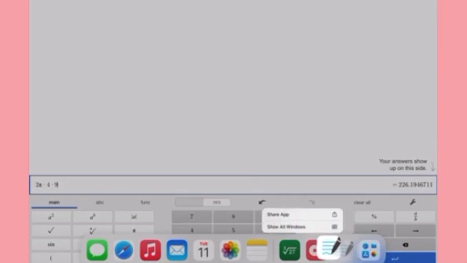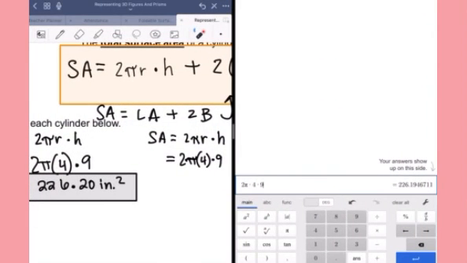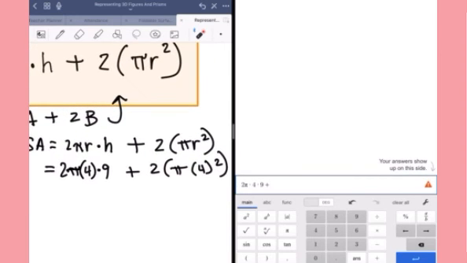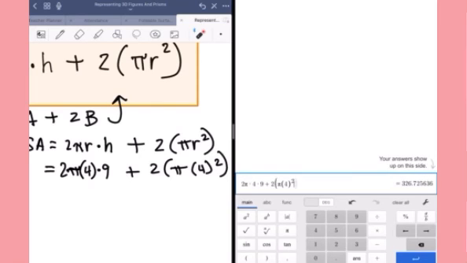And actually, since we already have the lateral, all I have to do is add. So notice how I already had that typed in there. 2 pi, and then parentheses. Sorry, don't do what I did. Parentheses, pi, another parentheses, 4, close it, squared, close it.